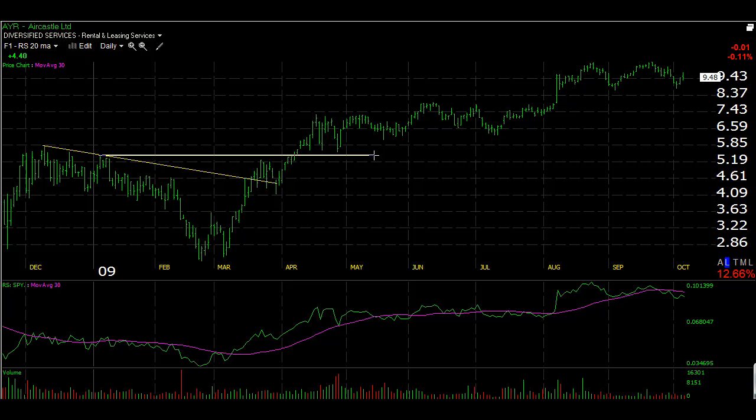So that's our support right there. I mean our resistance. It has to break this point here. And it does right around here. I'm going to get rid of this, because that would be our first break there. So easy to see. I'll delete that. And please notice the relative strength going up, which is a nice little place to get in.